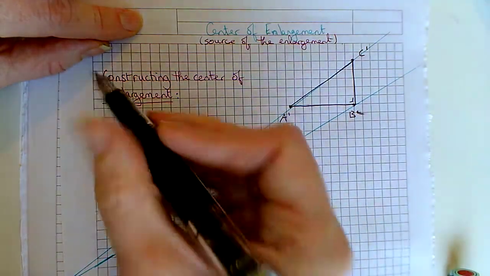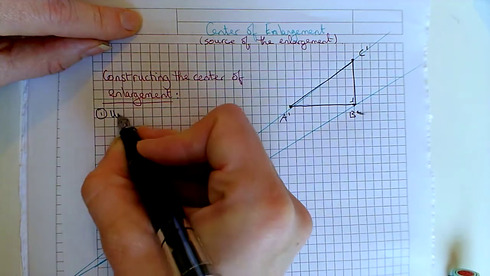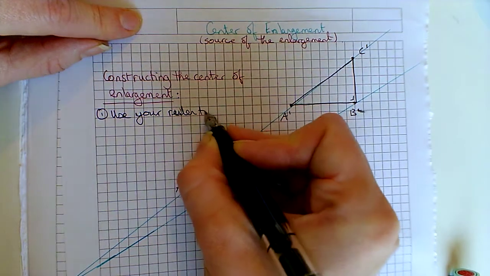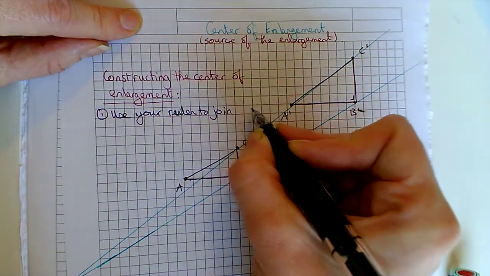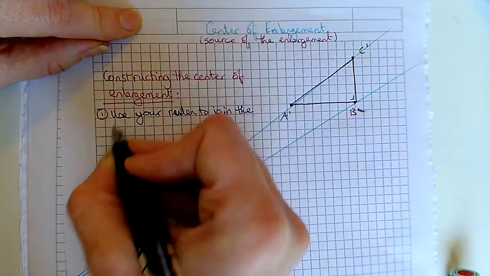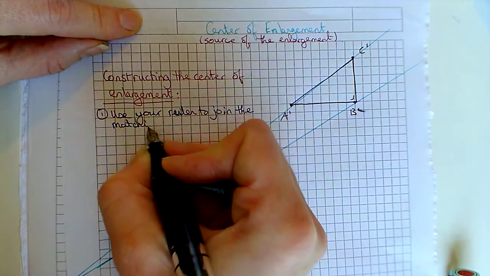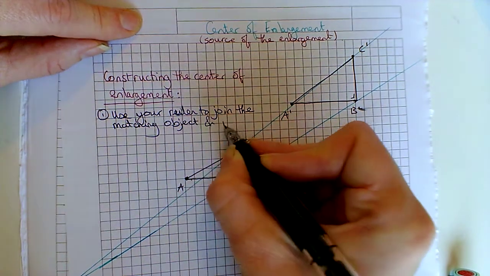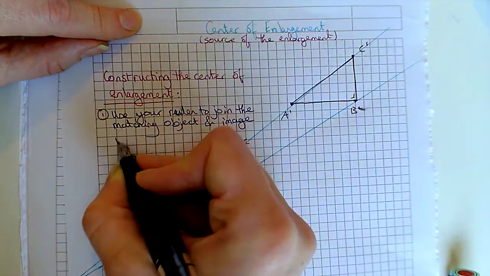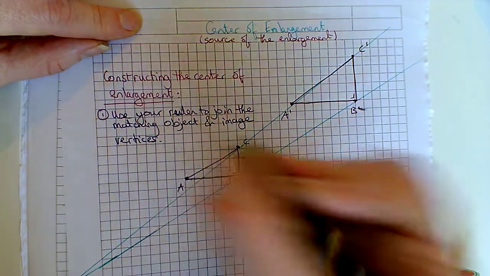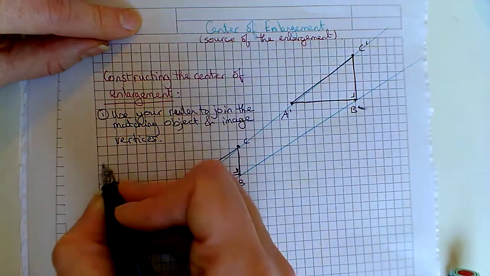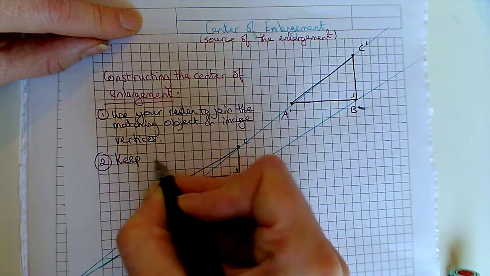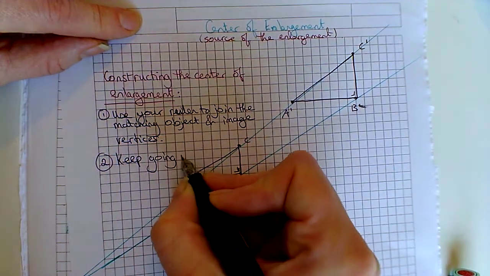You use your ruler to join the matching object and image vertices. Remember, the vertices are the pointy bits of a triangle. So use your ruler to join those. Keep going with the line.